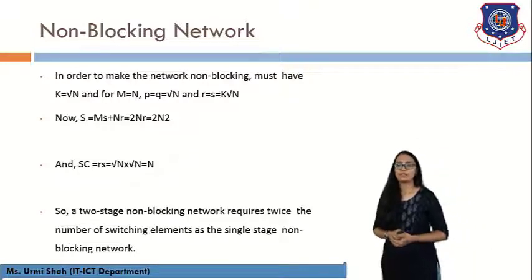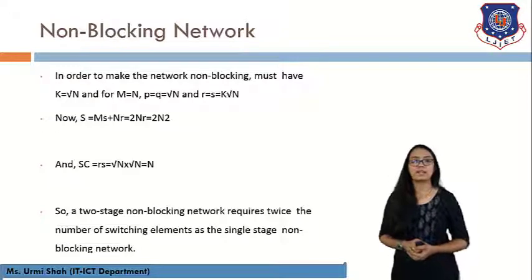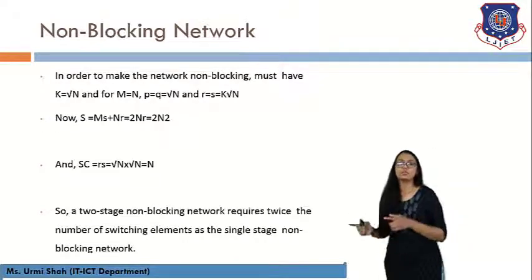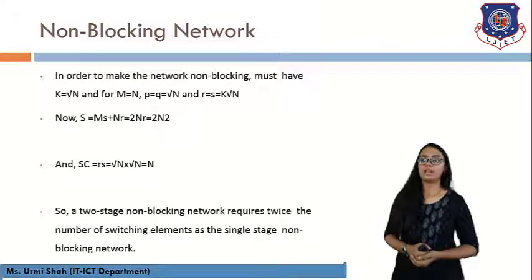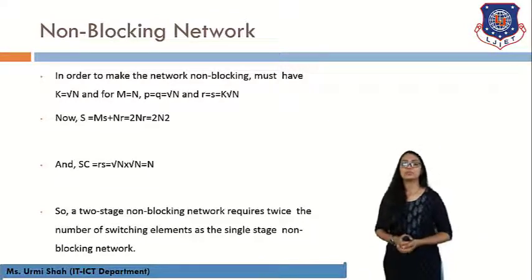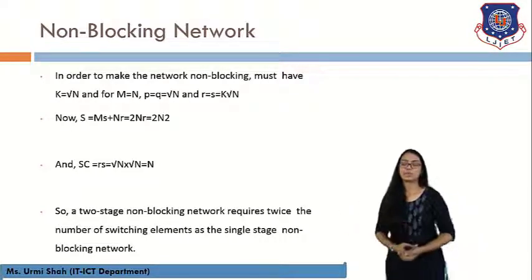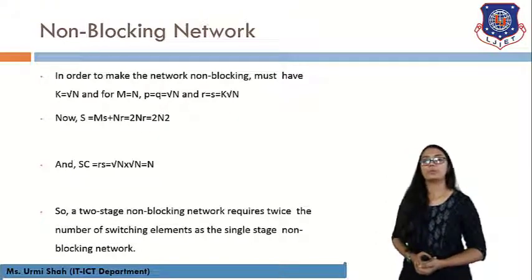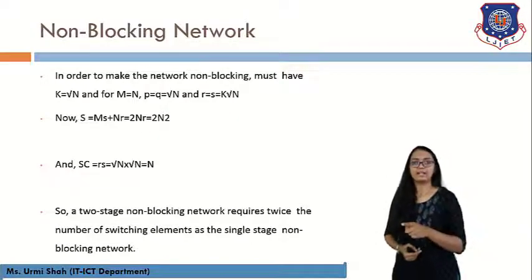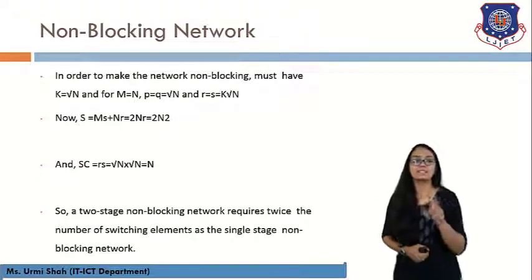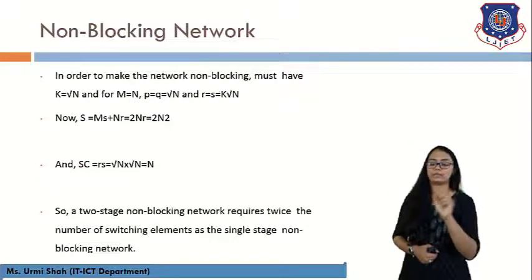So now S is equal to Ms plus Nr, which will be equal to 2Nr, that is 2N square. And Sc is equal to Rs is equal to root N into root N, so it will give us N. So a two-stage non-blocking network requires twice the number of switching elements as the single-stage non-blocking network.